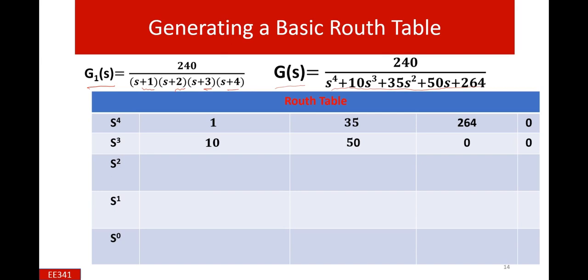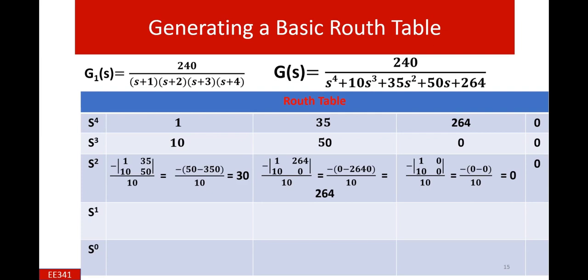How to complete the Routh table? In the Routh table, the first two rows are already completed, so the third row can be completed by using the above two rows. This is the definition to find the elements of the row, using 1 and 10.